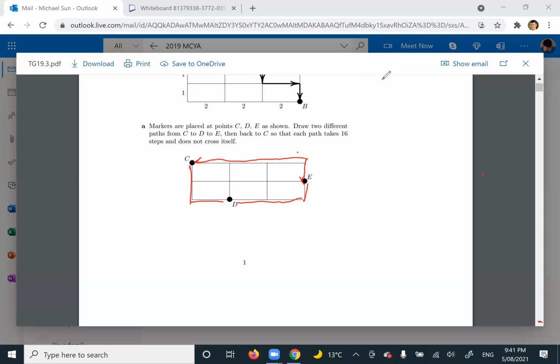Okay, what are you thinking about? So before I just thought about doing this, and this, and then this, and then this, but that wouldn't work because that's 15 steps. You're saying this, and that. But that's 15. So that wouldn't be the answer. Wait, are you sure it's 15?